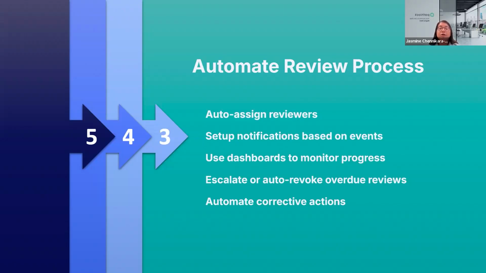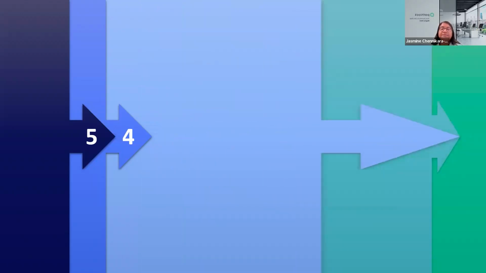You also want to automate the corrective actions, the deprovisioning of the role, triggering a recertification, launching further investigations, locking an account. All that should be done without any manual intervention. So this is how you move from being a reactive process to being more proactive, from chasing down spreadsheets to running a streamlined, policy-driven, and audit-ready process on autopilot, actually.